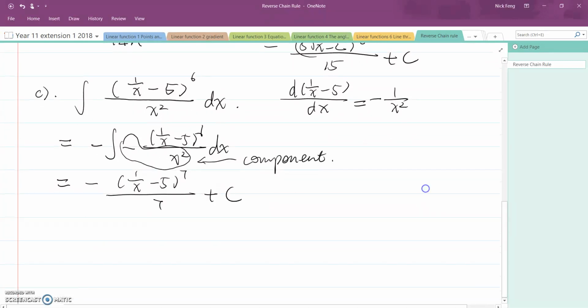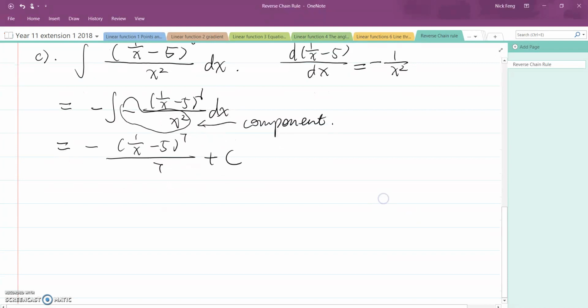Let's do a few more. Let's do a definite integral from 0 to a of x over (ax squared plus 1) squared dx.